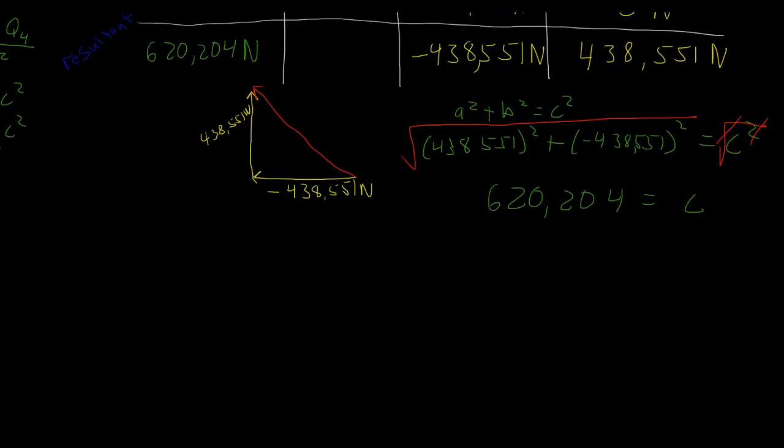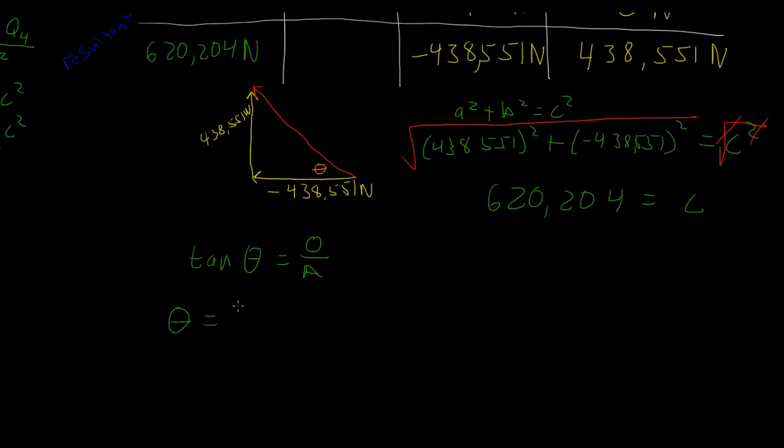We are looking for this angle here. So we already know the opposite side of the angle and the adjacent, so that sounds an awful lot like a tangent function. So the tangent of this angle is going to equal the opposite divided by the adjacent. But if I want to know the angle, I'll take the inverse tangent of both sides.